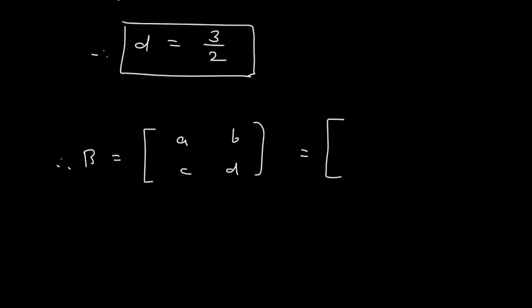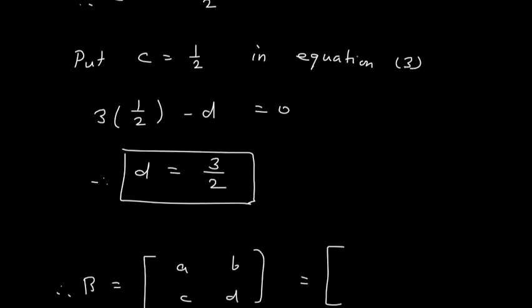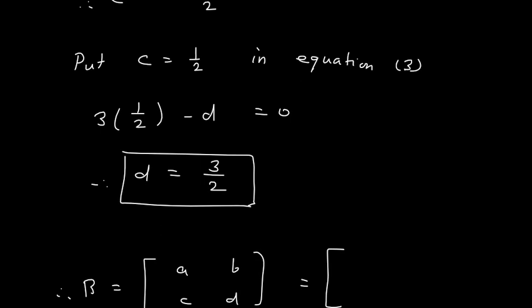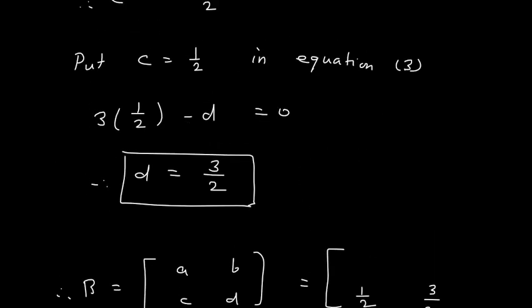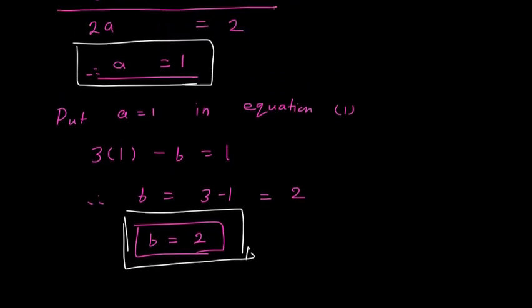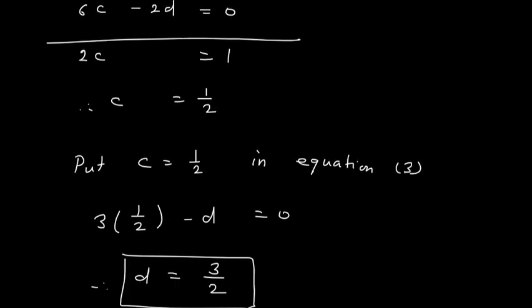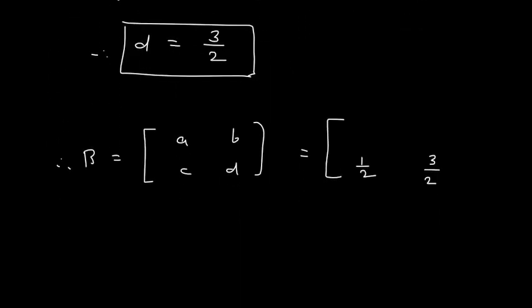The value of A is 1 and B is 2. So this is our matrix B. Matrix B is [1 2; 1/2 3/2].